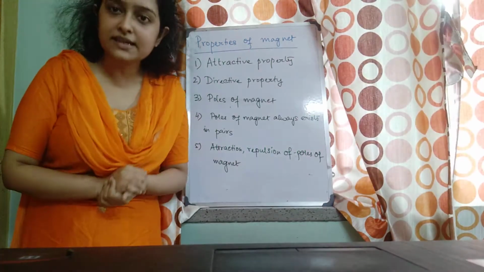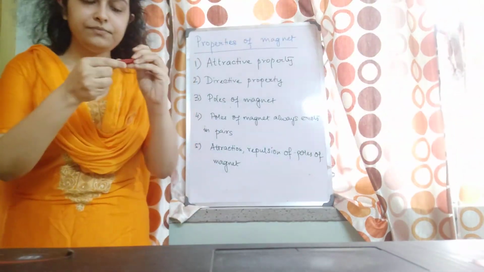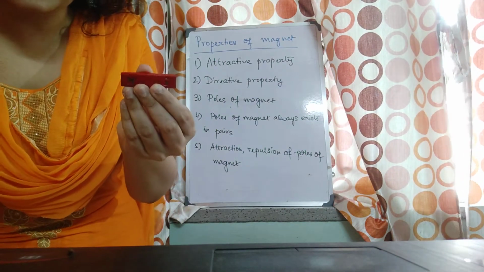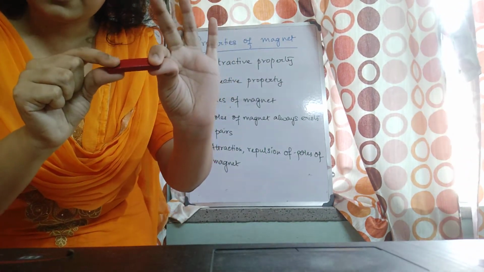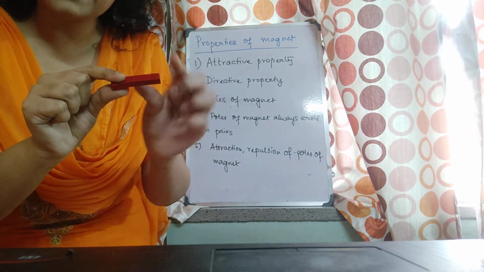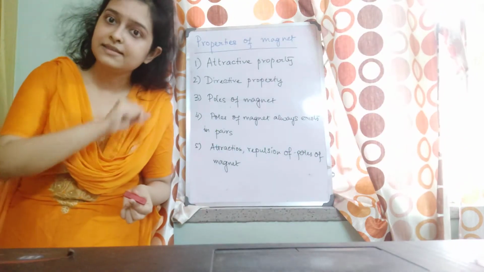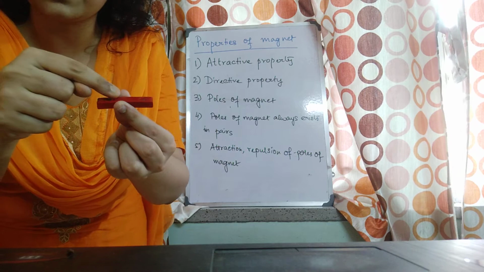Now you will notice that at the ends of a bar magnet, the magnetic property is maximum. It decreases as we move towards the center.